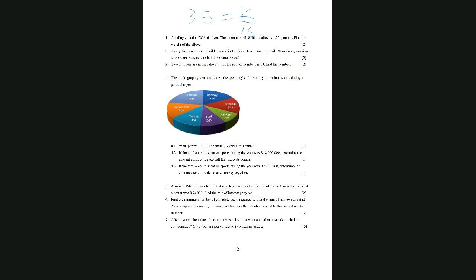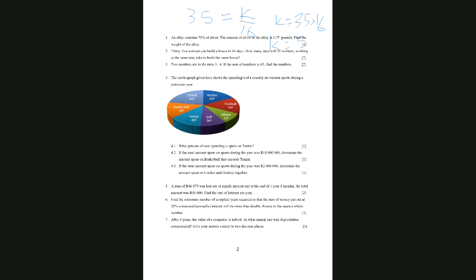Then you can find K equals 35 times 16, which is 560. Can you see that? And what do we get? 560, good.